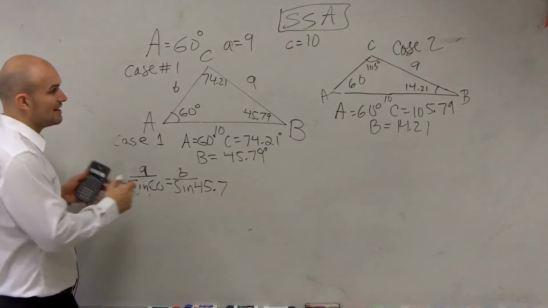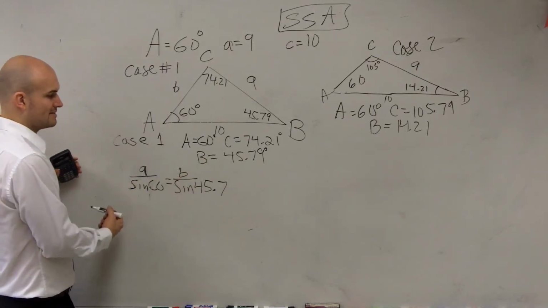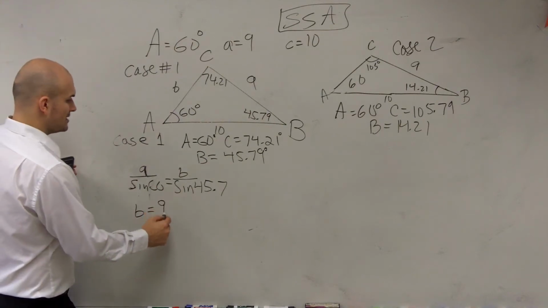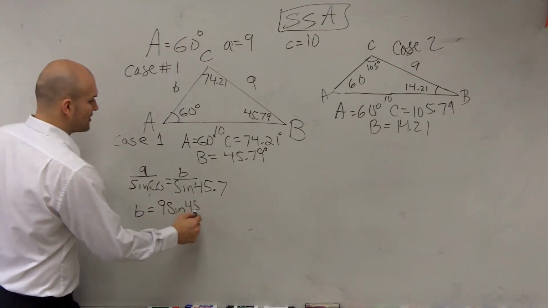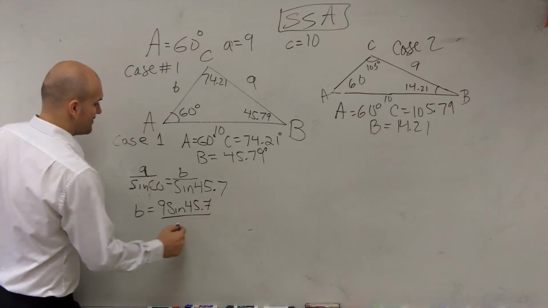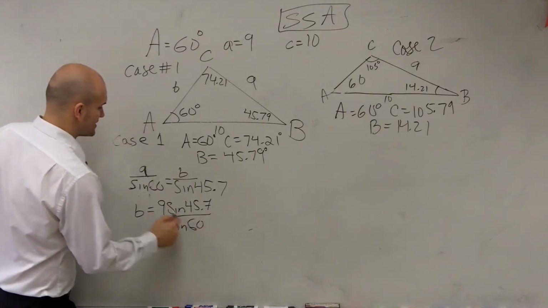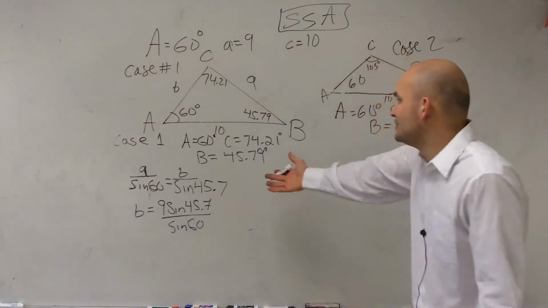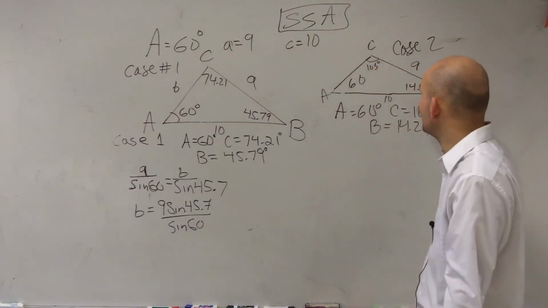So now the only last remaining information I don't know is what B is. So I just go and solve for B. B equals 9 times sine of 45.7 divided by the sine of 60 degrees. And then here I need to figure out what B is. So I could use either the same ratio or I could use a different ratio.